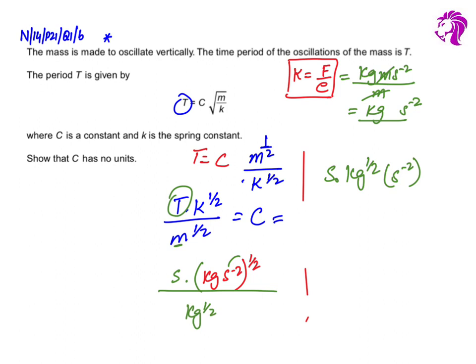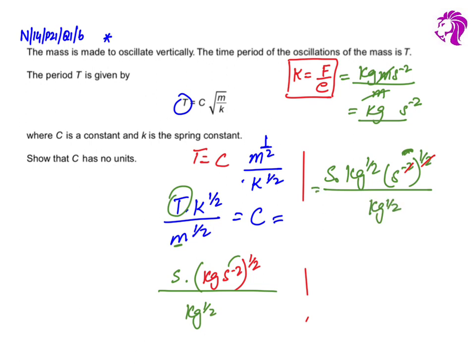Simplifying it further, when I open the bracket, it would be kg power half, and then s^-2 will be multiplied with one upon two, and that would result in the 2s cancelling. That will become s^-1.